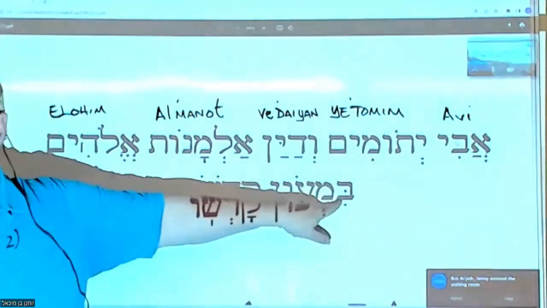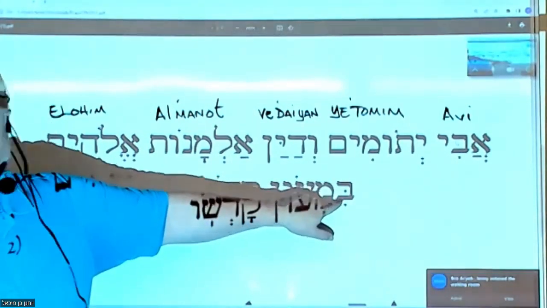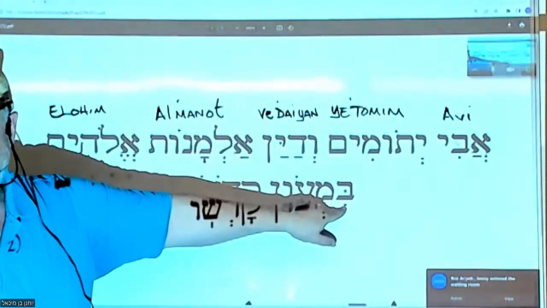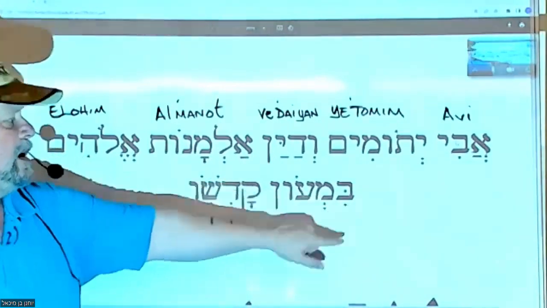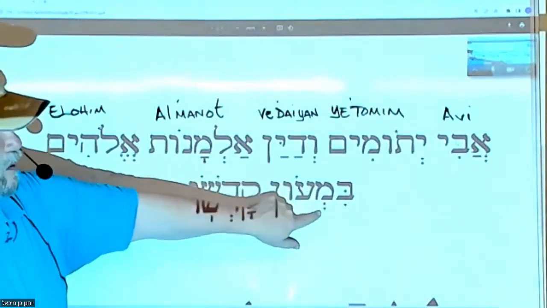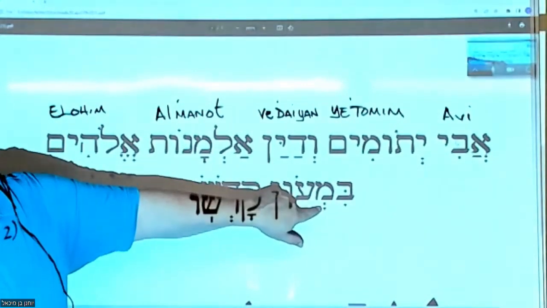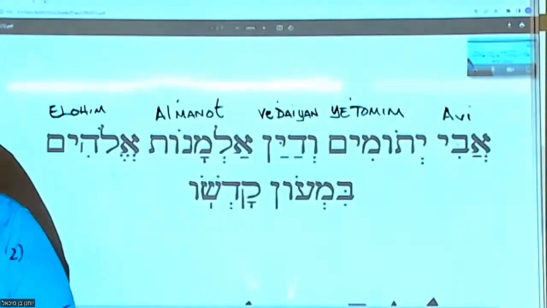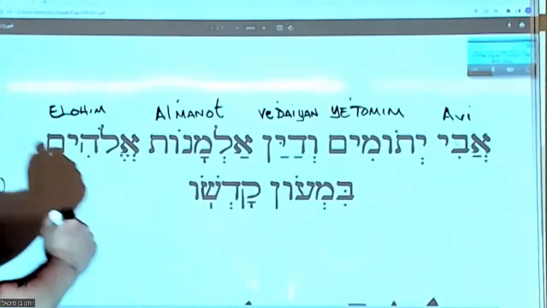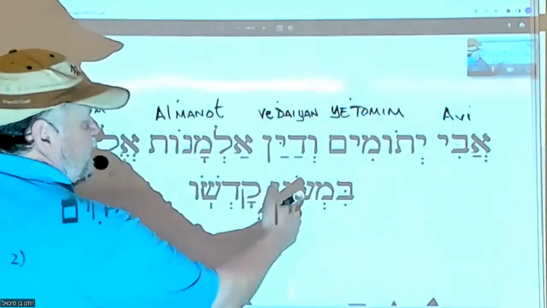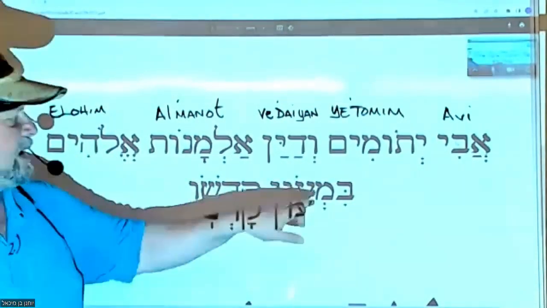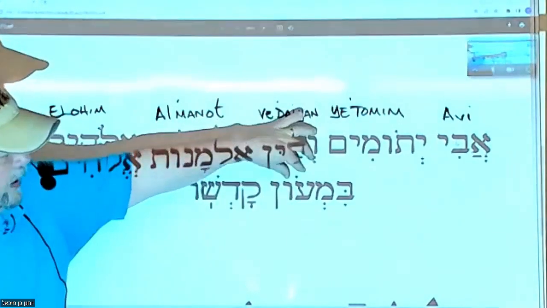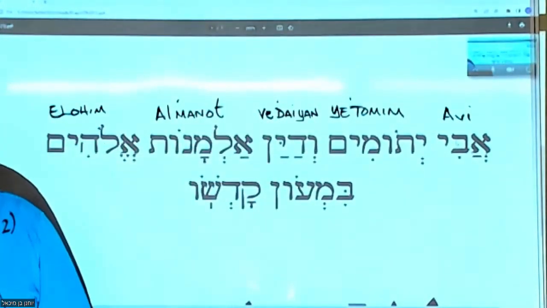Okay, we got the letter bet, so a B sound here, and it's pointed chirik, which is what type of vowel? Short duration I-type vowel. So that lets us know we've got a mem here, pointed shva. We know that's a silent shva because we're following a short duration vowel. Beam, like a laser beam, right? Beam. And then we have ayin. This is the second silent letter in Hebrew. But it's pointed holem vav, which is a long duration O-type vowel.